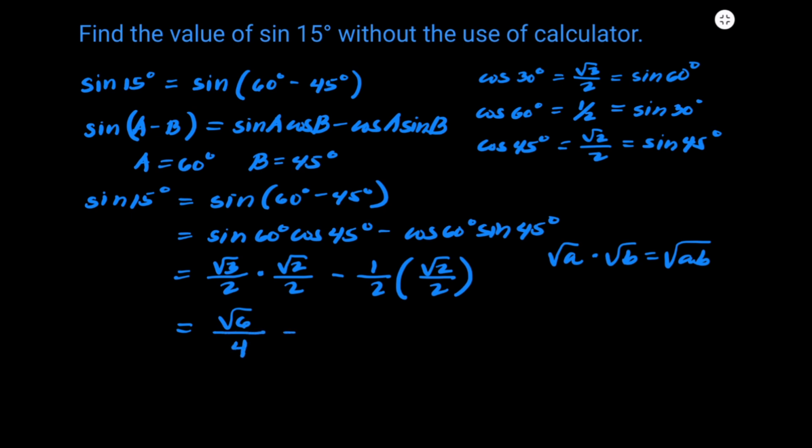And then, we have root of 2 over 4. So, this is now equal to the square root of 6 minus the square root of 2 all over 4. And this is the value of sine 15 degrees.